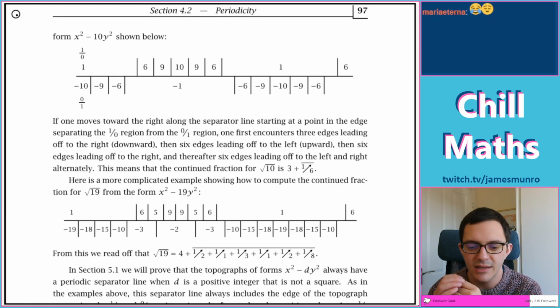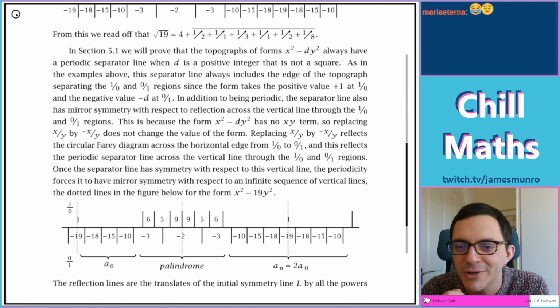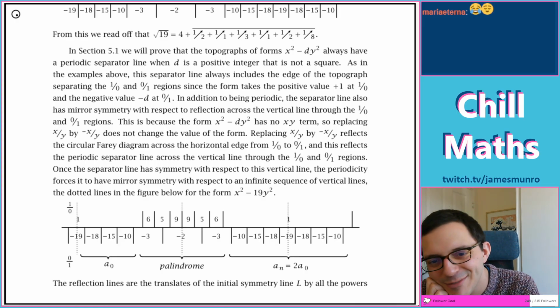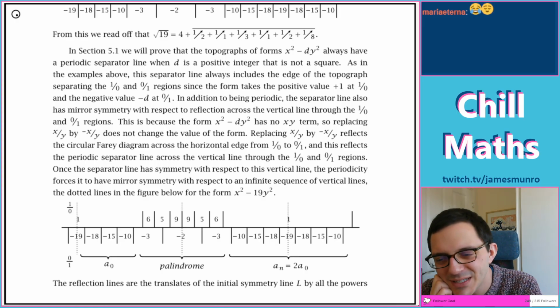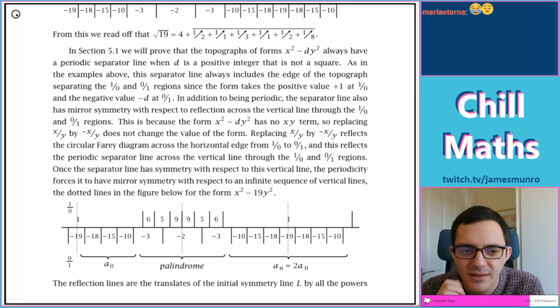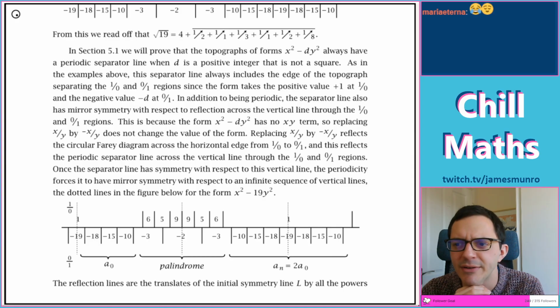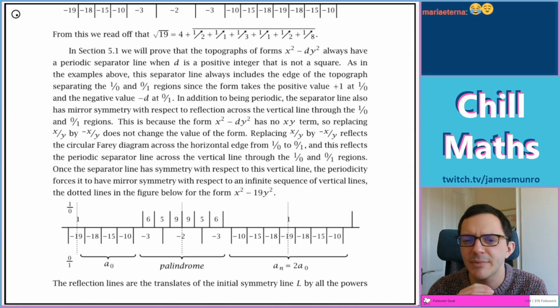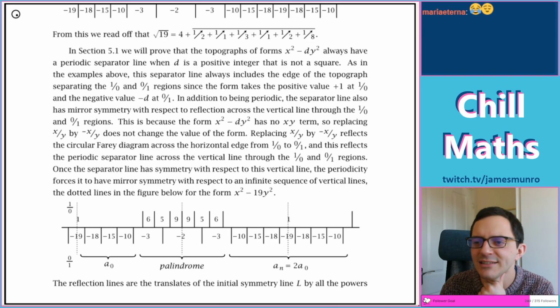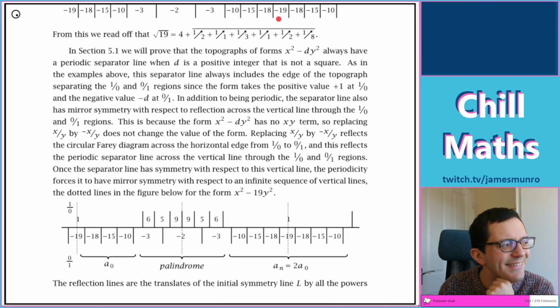Okay, in section 5.1, I can't wait for section 5.1, we prove that topographs always have a periodic separated line, where d is a positive integer that's not a square. I wonder how. Maybe we'll show it's bounded and there's only finitely many things you can get, but doesn't look very bounded, does it? It's bounded by 19 and minus 19. Maybe that's relevant.